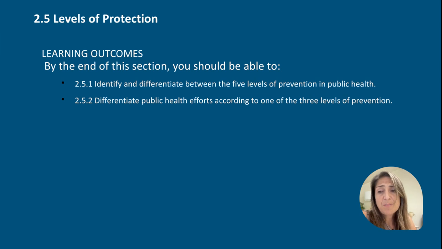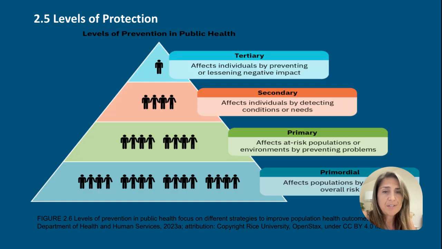By the end of this next part, you should be able to identify and differentiate between the levels of prevention and differentiate public health efforts according to the levels of prevention. So here, what you're looking at are the levels of prevention in public health.